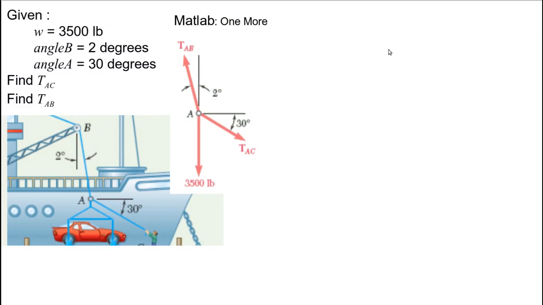Remember that we could define our x and y any way we wanted to. So what happens if I define x to be aligned with the rope and y to be perpendicular to that? If we look at our free body diagram now, we see that this lower angle is 60 degrees, and the angle between y and TAB is 32 degrees.